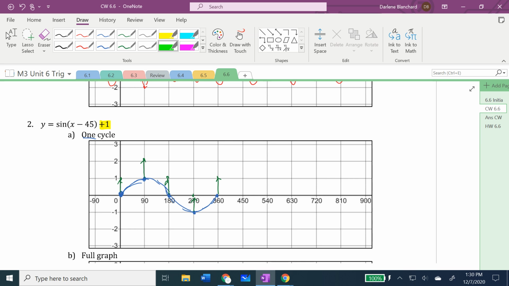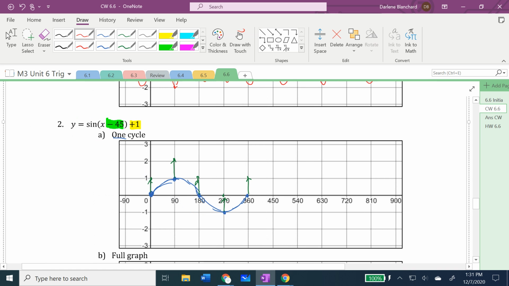Then, if you look at x, it says -45. You're not going to subtract 45, you're going to add 45 to the x's. So this point that was at 0, 0 moved up 1, and now it's moving right 45, which is halfway to 90.